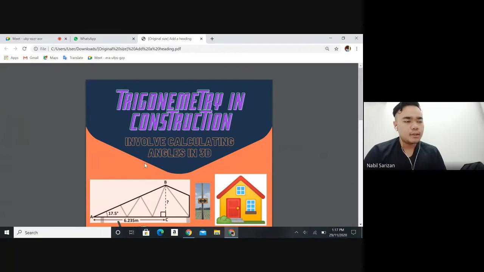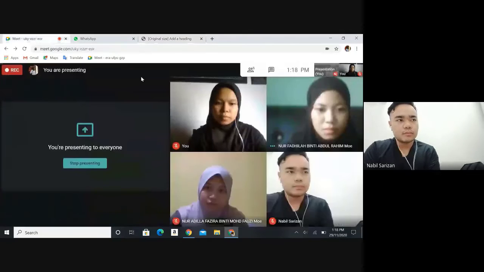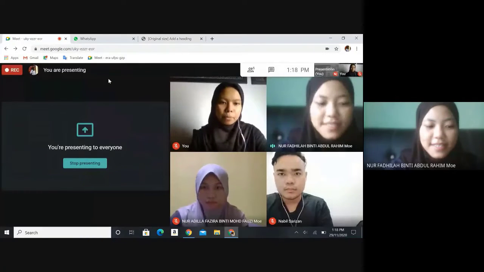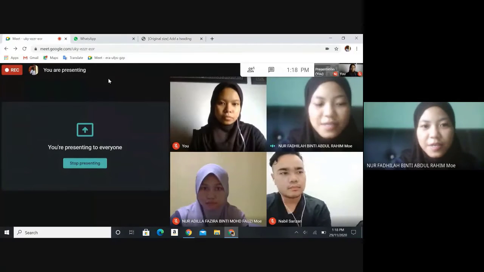He can use the properties of a right triangle to measure the rest. In other words, the percentage of accidents can be reduced. Next, the trigonometry method can also help the architects to determine the angles and volumes needed to cut and fill areas of the ground accurately. This can make the construction process more efficient and fast. That's all from our group about trigonometry in construction. Thank you.